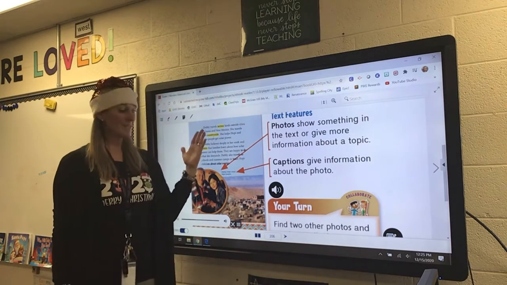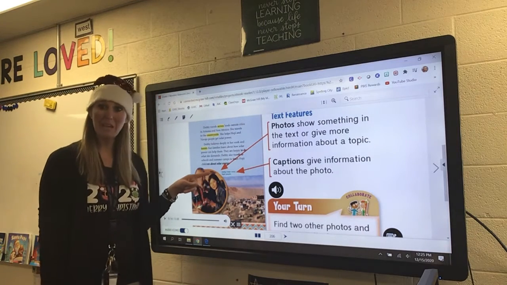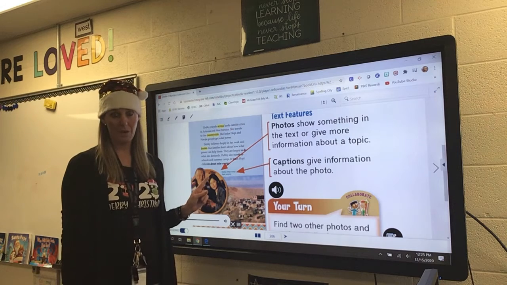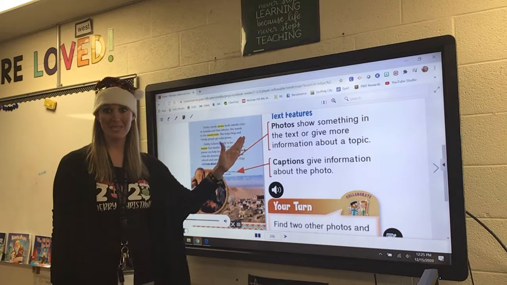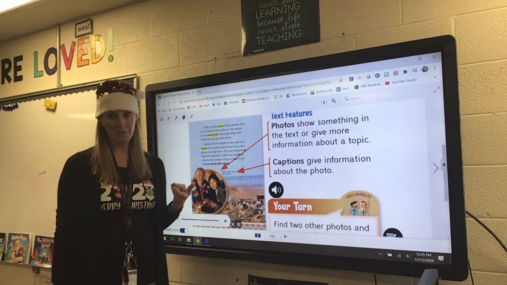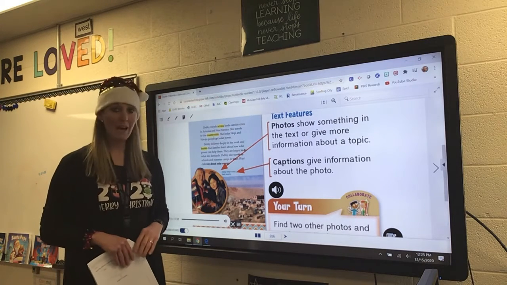Sometimes they do, but sometimes this caption will give us more detailed information about the photo. Okay? So that is the two features we're going to focus on this week. Our two text features are photos and captions.